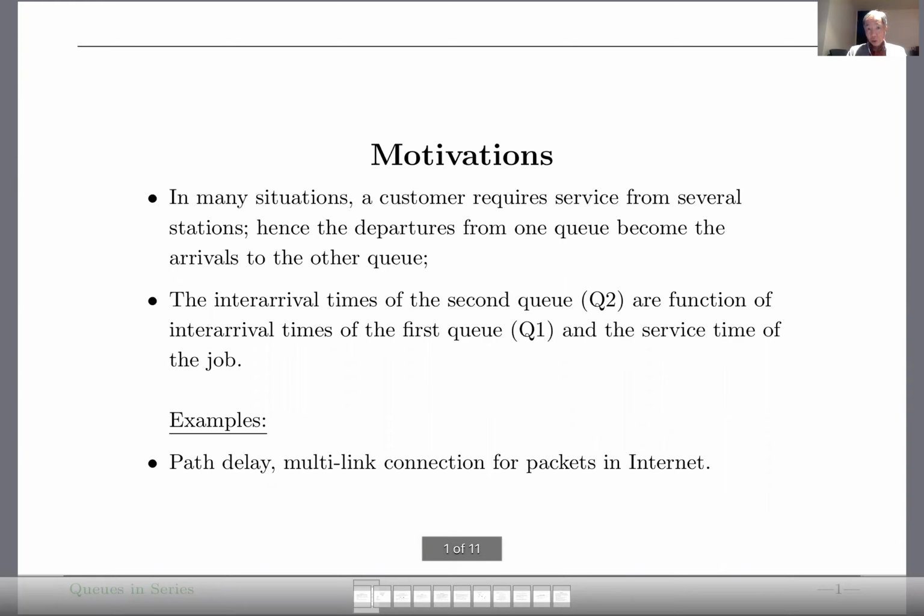So the interarrival time of the second queue is a function of the interarrival time of the first queue plus the service time of the job in the first queue. With that interrelationship, we want to find out whether there is an easy way to do it, and under what conditions. The example I gave earlier is the path delay over a packet internet.